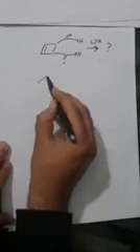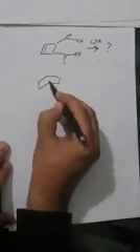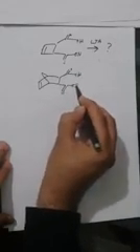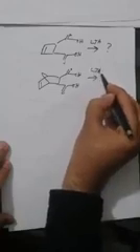Explain through the mechanism. And when this molecule reacts with lead tetraacetate, what will be the product and the mechanism?